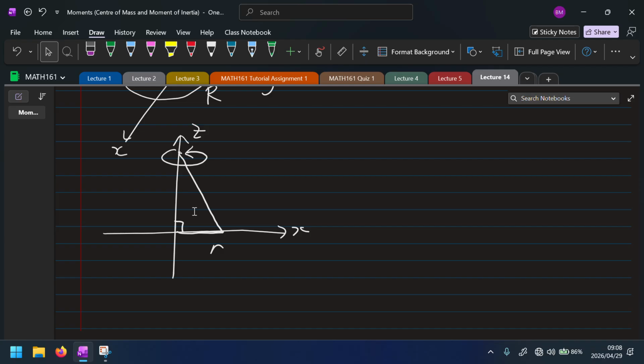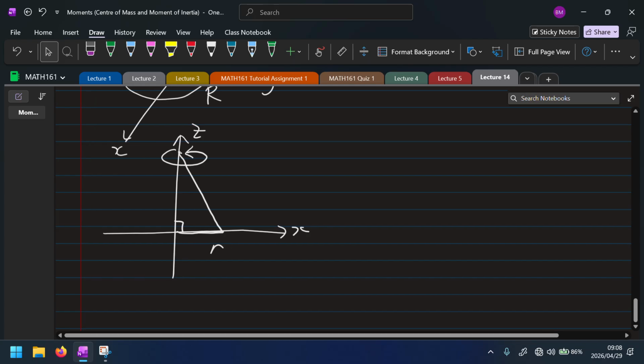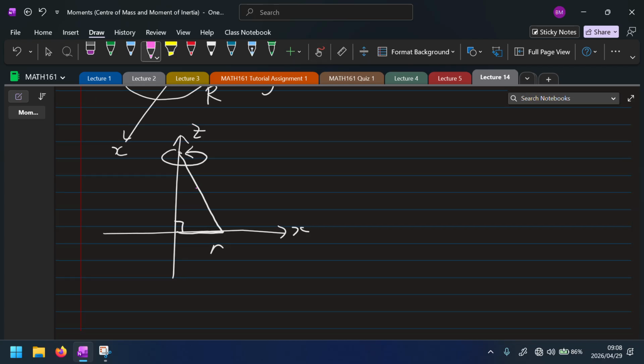No, not pi r squared. Remember the shell? It was the circumference times the height times the thickness. What was that? Someone said? Yeah, 2 pi rh. Good. So here we're going to set this up to be a shell.